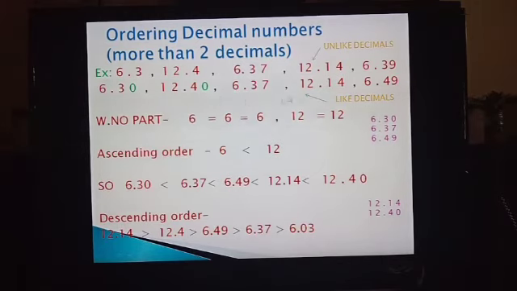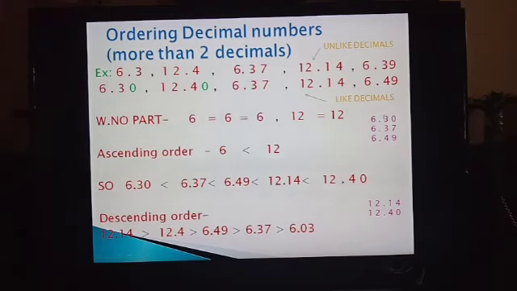Next, 2 decimals are having the whole number 12. As I told you before in the previous example, we need to compare among these decimals having the same whole number part. See here I have given you these 3 decimals, 6.30, 6.37, 6.49. If the whole number part is the same, we need to check the 10th place digit.